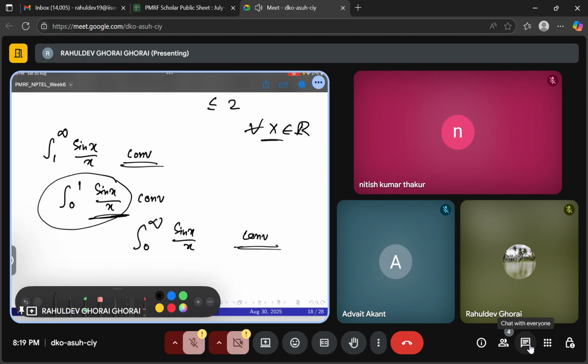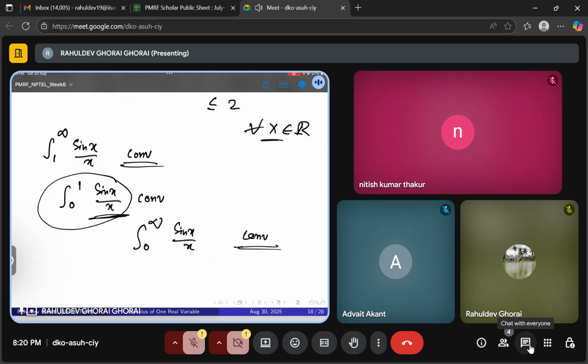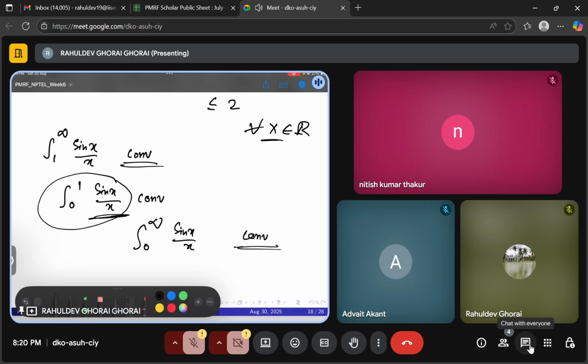But to know the exact value, you need other things like the beta function and gamma function. Using those, mostly people find the integration values. So that is the next thing. But this is how you can find whether the improper integral is convergent or not.